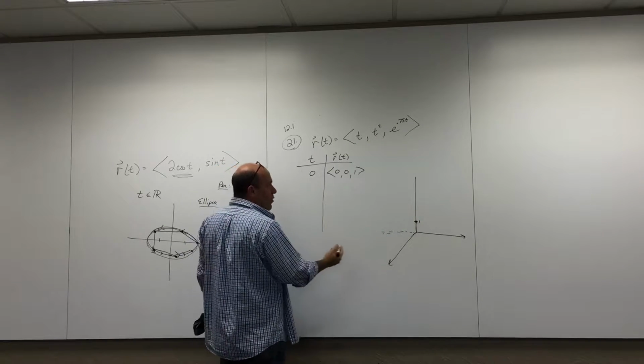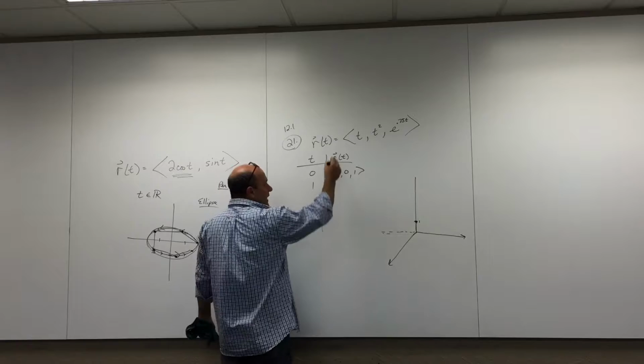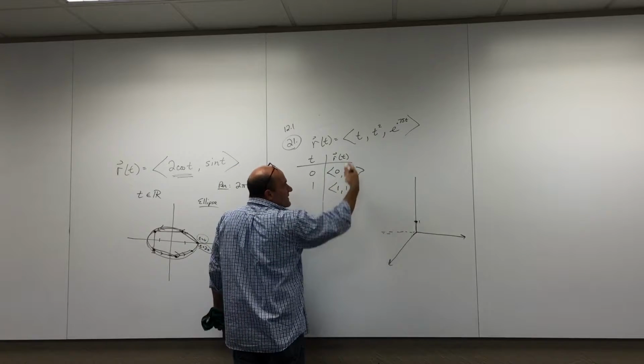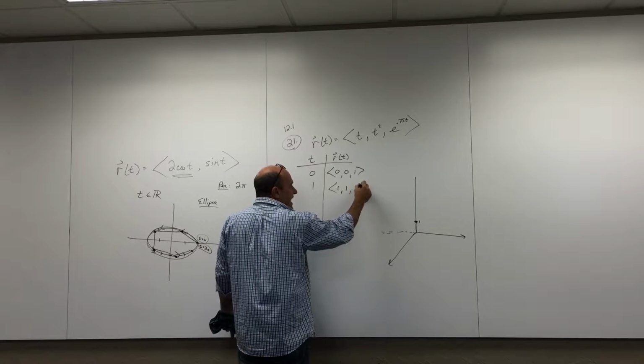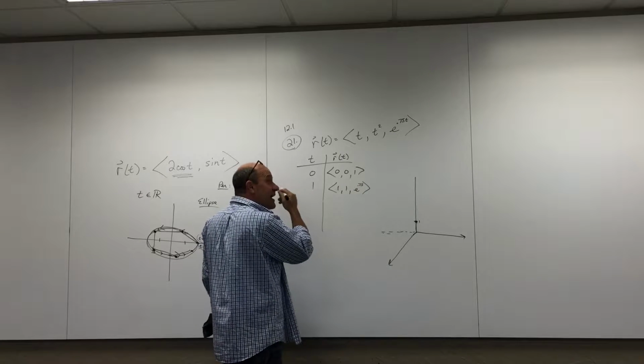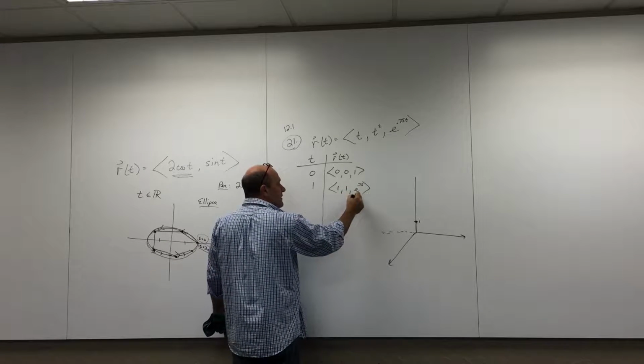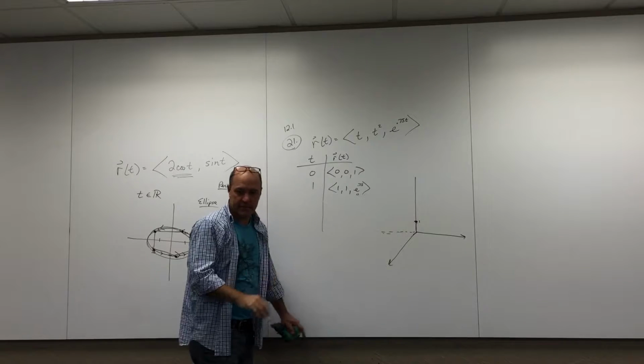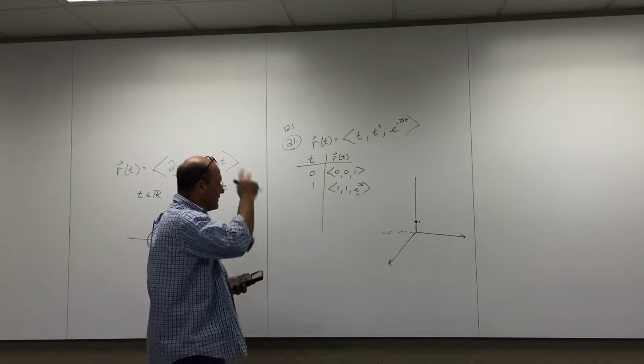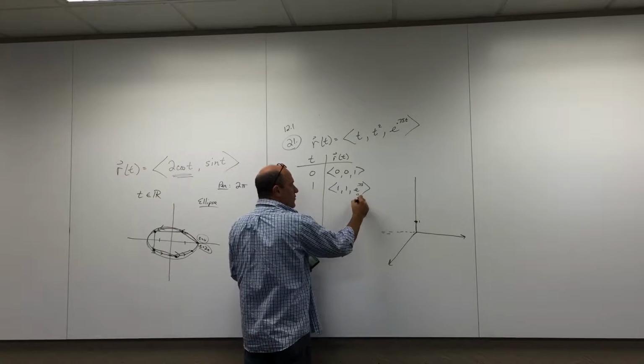What do I do? Plot more points. When t is 1, I get 1, 1, e to the 0.75. Well, I'm not exactly sure what that is. Maybe you can pick up a calculator and help me. Maybe it's 2 point something. Oh, yeah, 2.12.